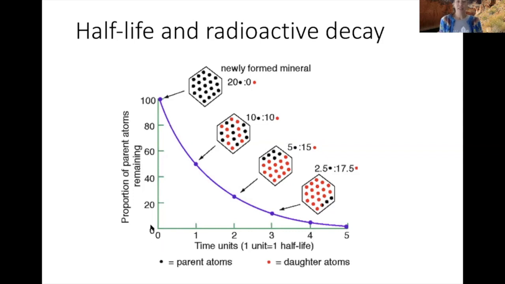So we start at time 0 with 100% of the radioactive isotopes in their naturally occurring unstable forms. And after one half-life has passed, that is one time unit on this graph, half the radioisotopes have decayed and formed into a new, more stable form.